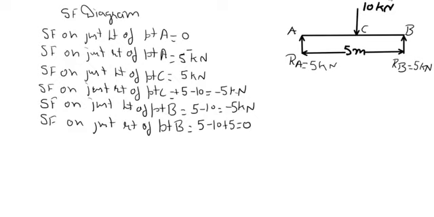Now we got two values on each point. So A is having 0 and 5, C is having 5 and minus 5, and B is having minus 5 and 0 at the last point. So we have to plot all these values on a reference line.